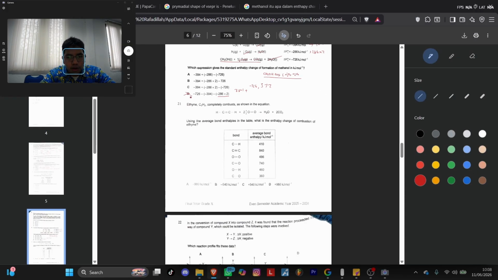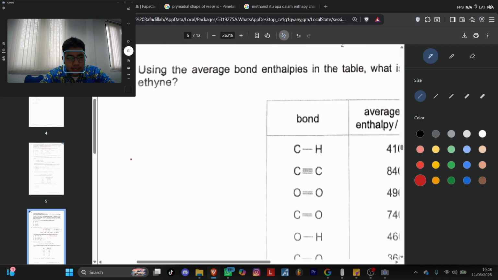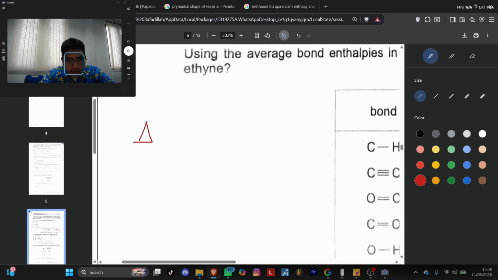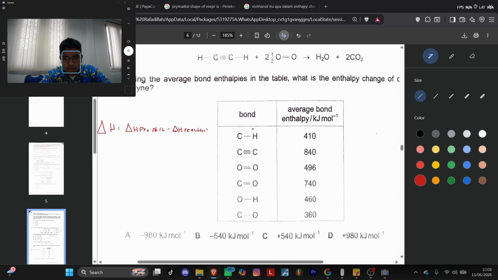We already know the question is this, using delta H equals delta H product minus delta H reactant, I'm sorry, reactant, right? We already know that this is created by that, so we just need to find this.